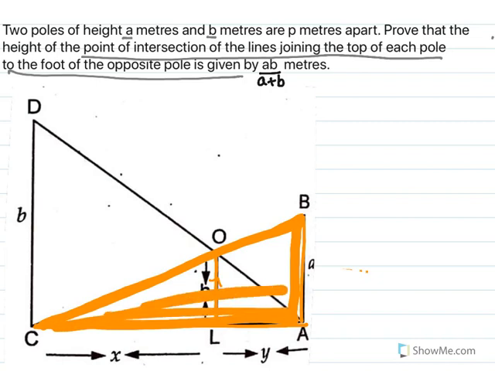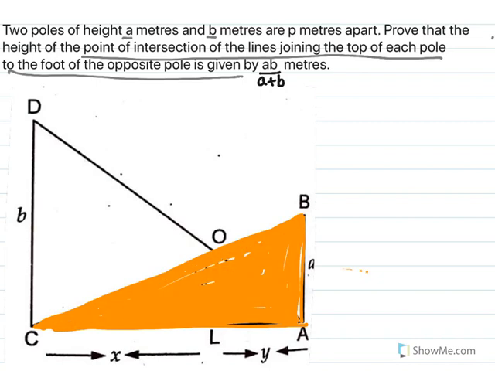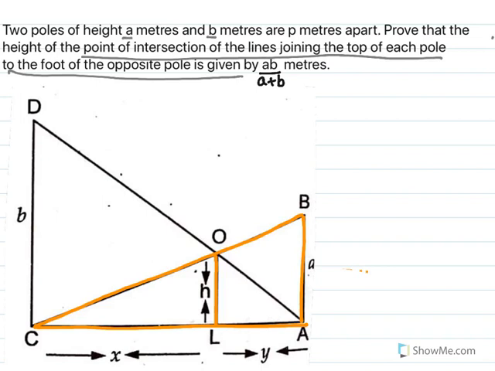And we will prove both these triangles are similar. So first I take triangle CBA and triangle COL and prove that they are similar.